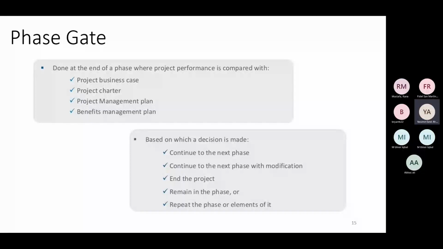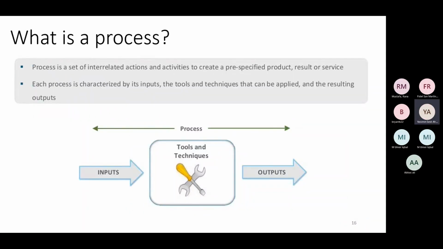If everything is okay, we will start the next phase. So the phase gate, or the kick-off point, is the point at the end of each phase. Okay, guys? Okay. So moving on to the project management process.